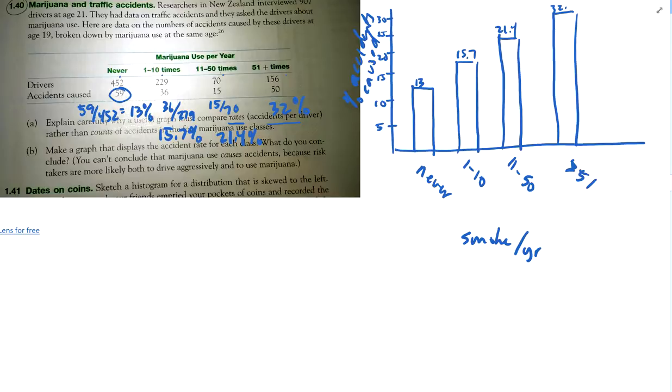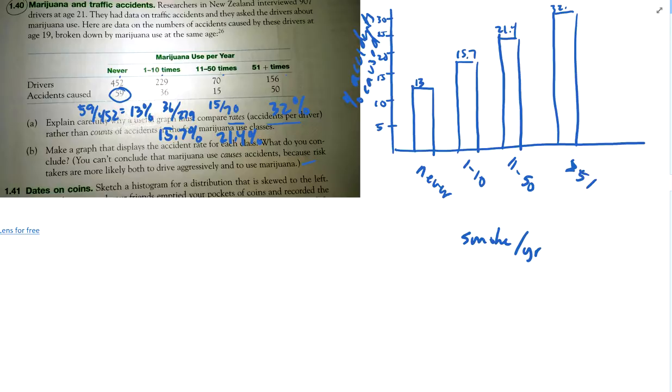Now, here's something that they make note of here, and that people often do. They'll say, "Well, gosh, look at this. Smoking more often causes you to be in more accidents." That may well be true, but just looking at this data doesn't actually show you that there's a cause and effect relationship. We actually have to do an experiment to show that, because there are other factors that might be involved besides smoking and accidents, like how often you drive and how much you drive.